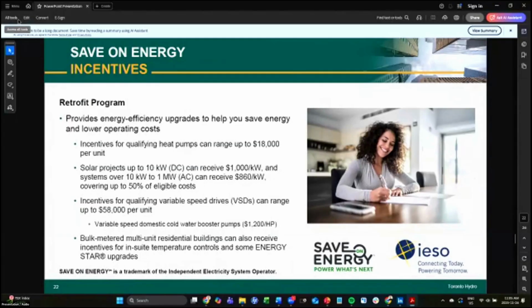Now, the last thing that some of you may be aware of, and I'm sure Electra's probably going to talk about this too, the ISO has engaged the LDCs, the hydro companies, to help promote and increase program participation in the Save on Energy program. If you're in Toronto, my team can assist you with all the various Save on Energy programs.